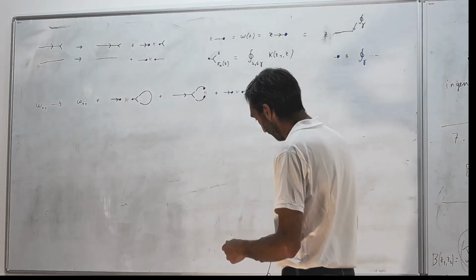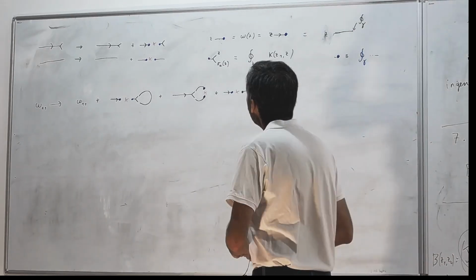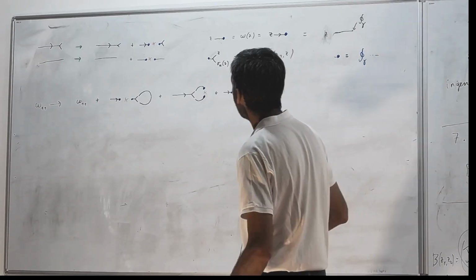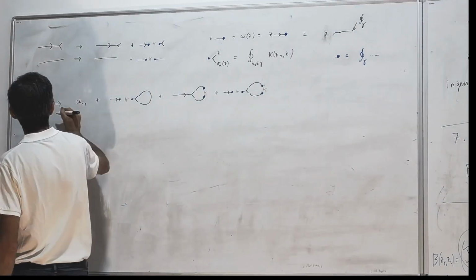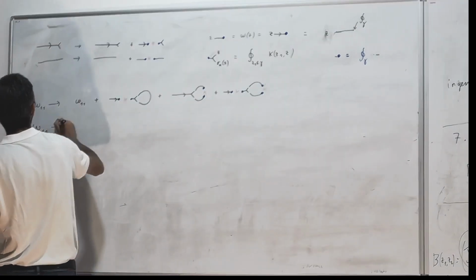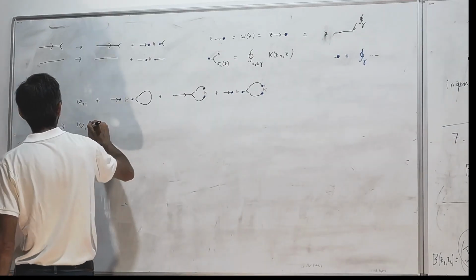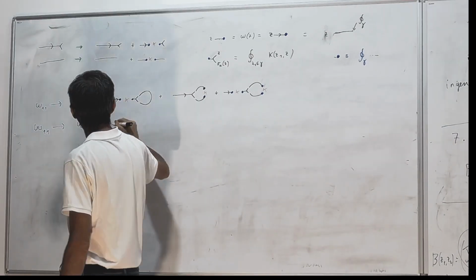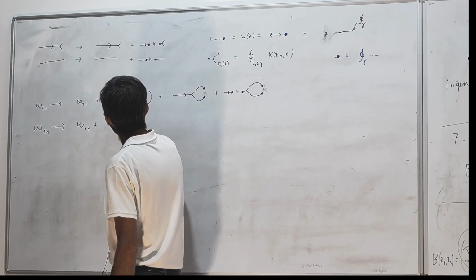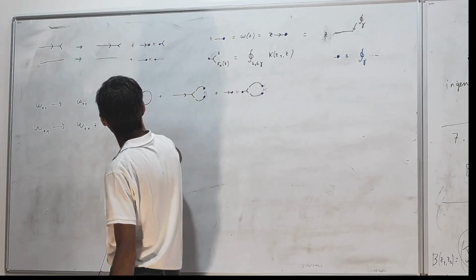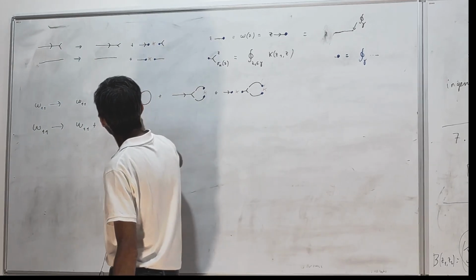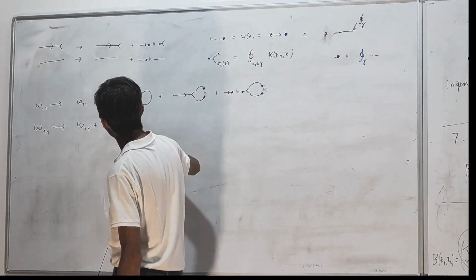So now let me give the final. Basically, what that means is that K means omega 1, 1 plus integral over K over gamma of B. That's this guy.